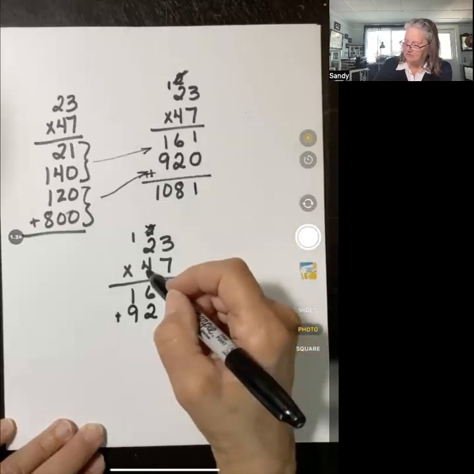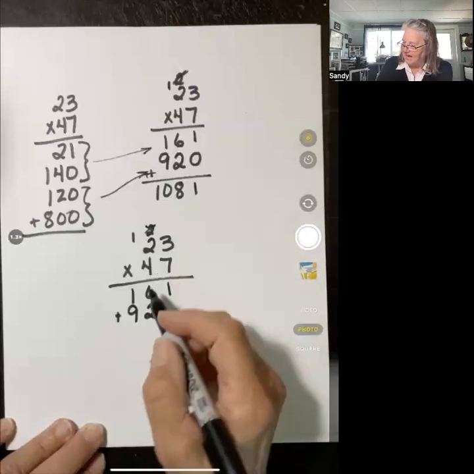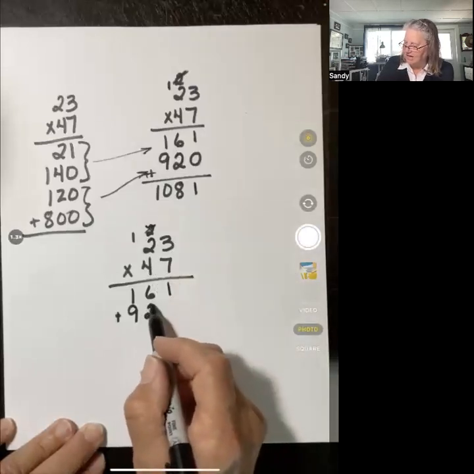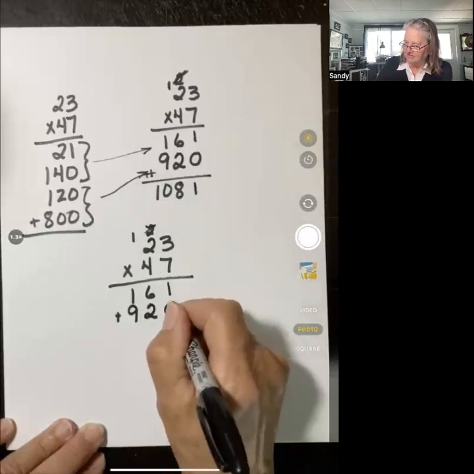Thinking of this in terms of 40s, 3 groups of 40 actually helps me understand why I'm doing the 2 here, or I might even be writing the 0 there.